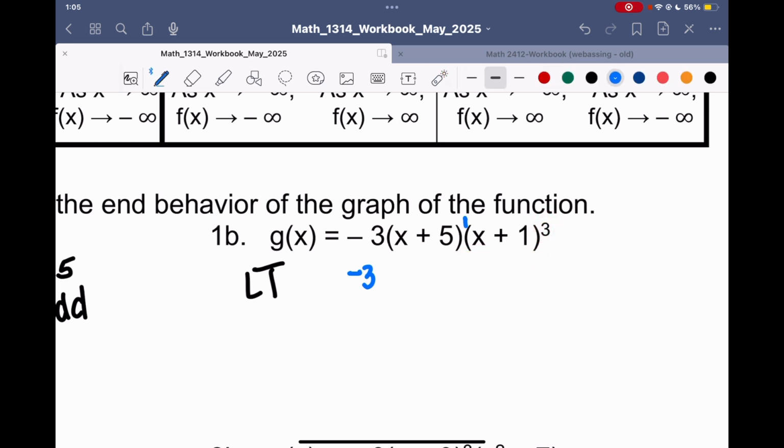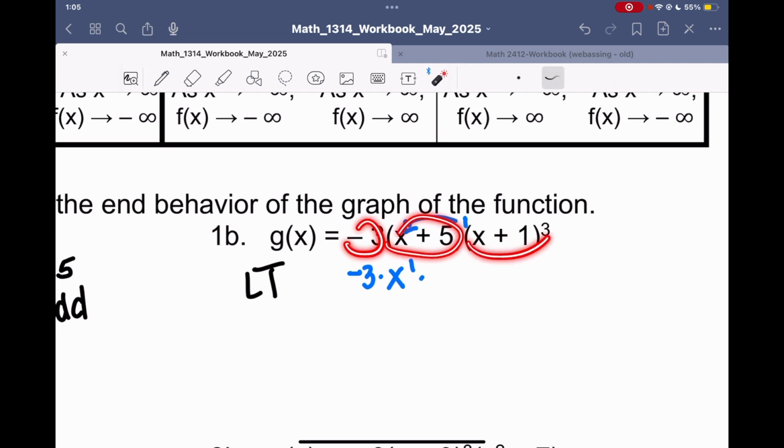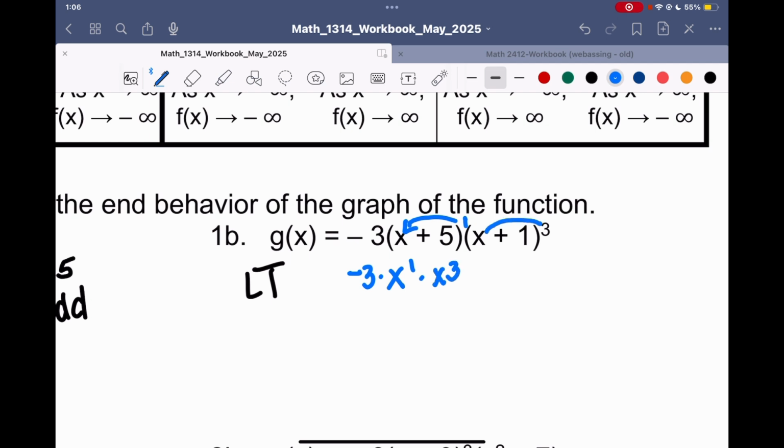So then we distribute that 1 to the x. So that becomes x to the first, because you're multiplying these. Because everything here is being multiplied together. We're not concerning ourselves with the constants. We don't care about that right now. And then that 3 gets distributed to the x, so it becomes x to the third.